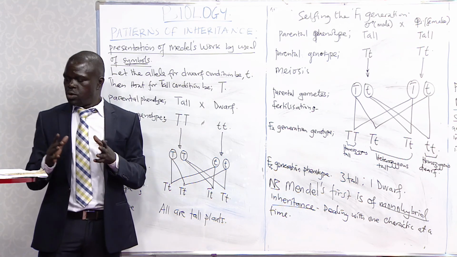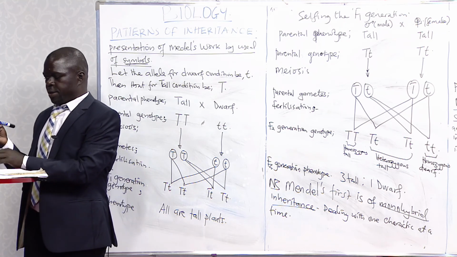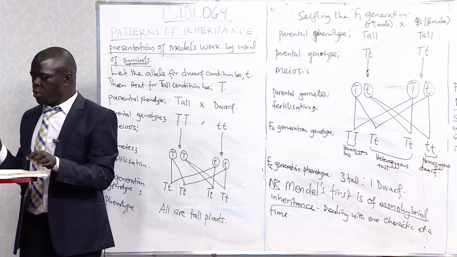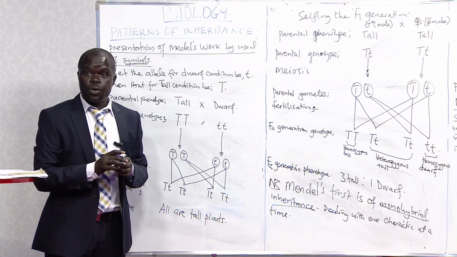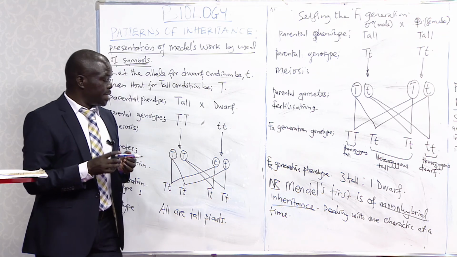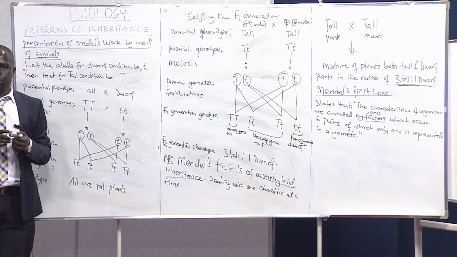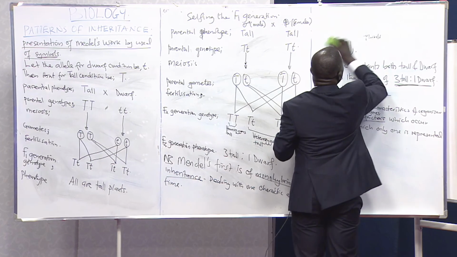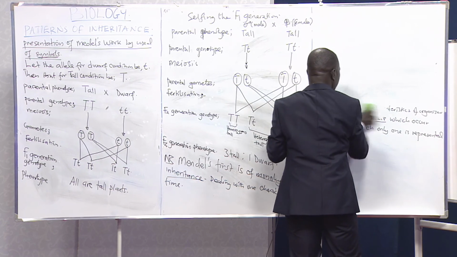So I would like you to look at the characteristics which obey monohybrid inheritance in humans. Tongue rolling is one example. Let me briefly give you examples, then you do the methods I have given you.